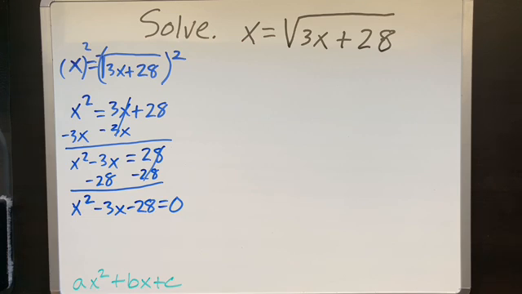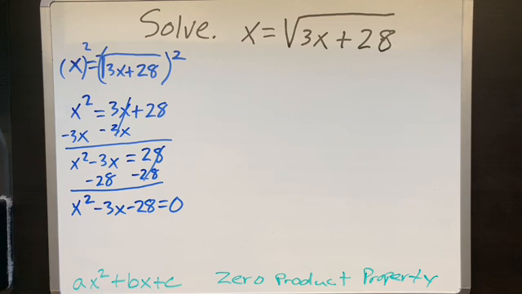What we need to do now, the strategy we're going to use, is the zero product rule. So I think I'm going to write that down here at the bottom. It's called the zero product rule or property. I'll just use the word property. It might say property in your book.